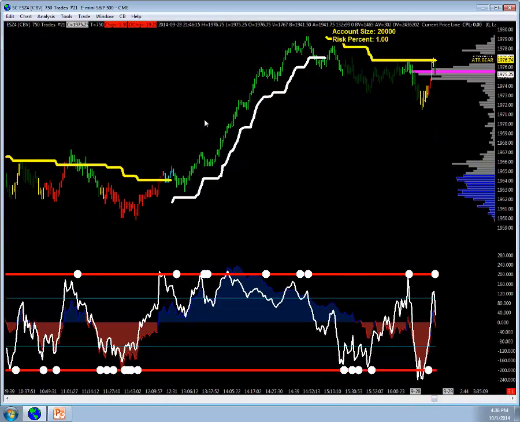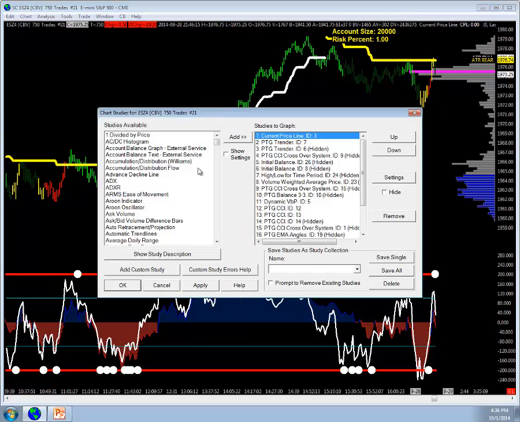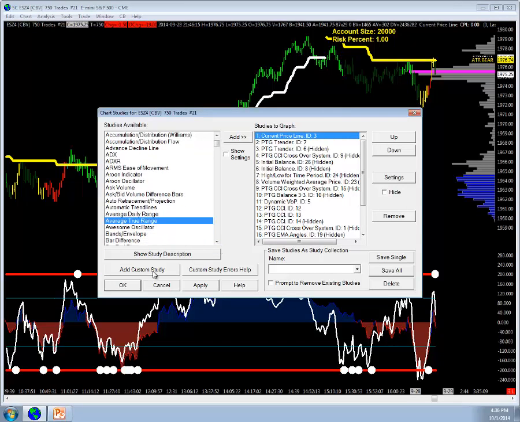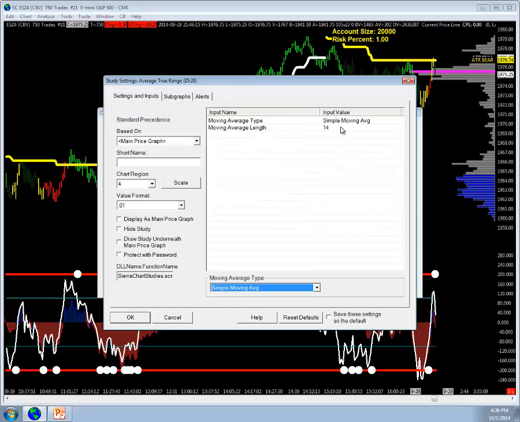What effectively it is: if you go into the studies and go into average true range, highlight that and put it into the settings here. And again, all the platforms that you have are based upon average true range.